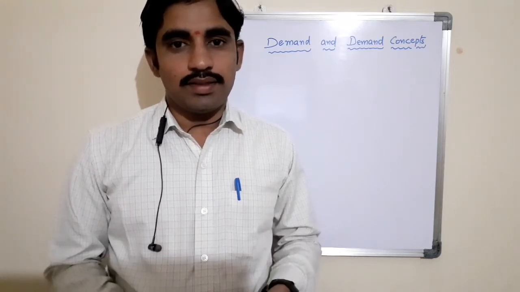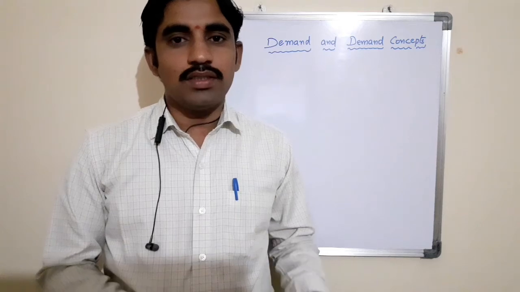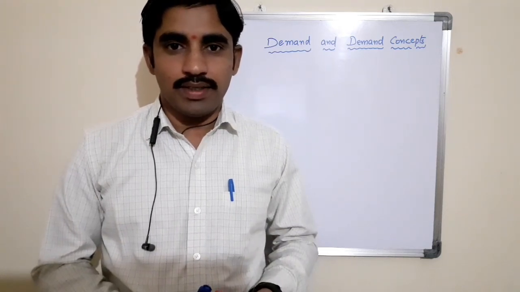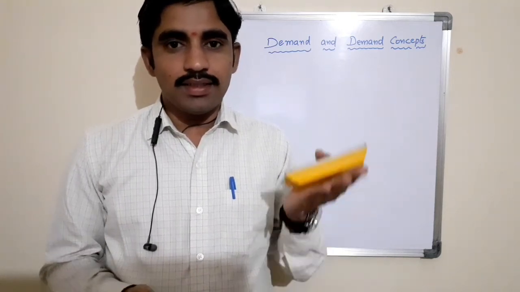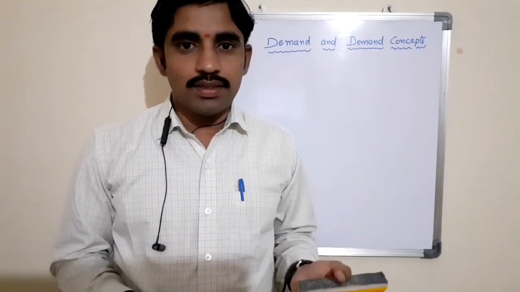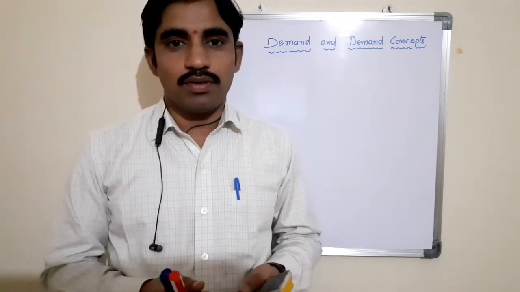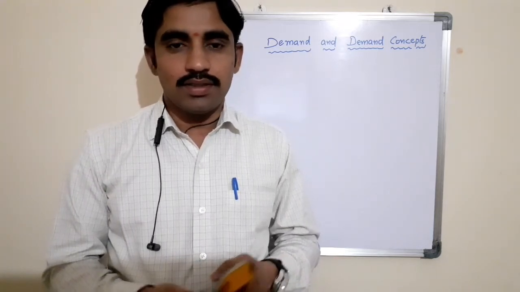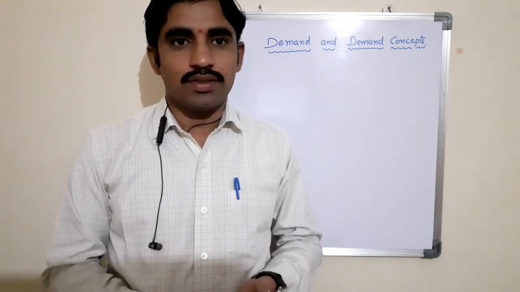In other words, this is also called the law of demand. If the price increases, the quantity demanded of the product will decrease. If the price decreases, the quantity demanded of the product will increase. This is called the demand concept.